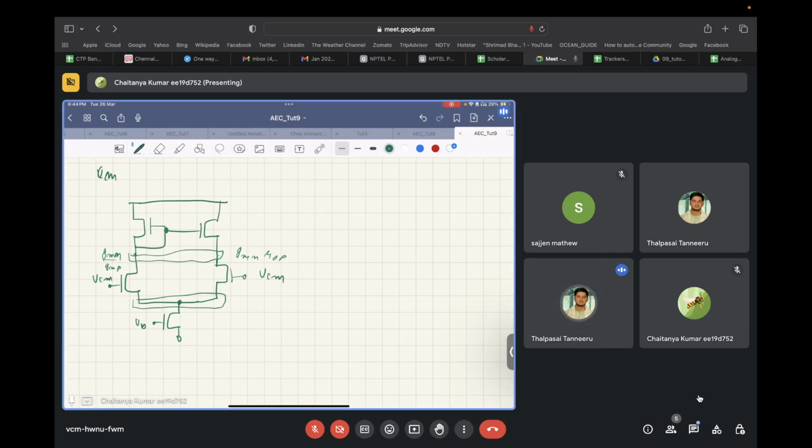Okay. Now again, since there is no symmetry about the axis, you have VCM on transistor 1 and VCM on transistor 2. So again, you can apply principle of superposition to get the output V out over here. First of all, we will assume that there is no VCM on transistor 2 and there is only swing on transistor 1. In that case, what will happen?